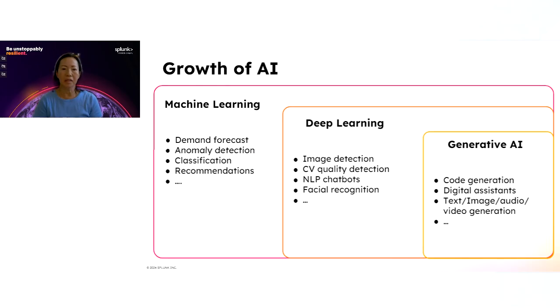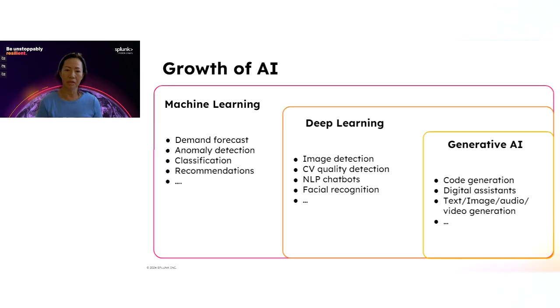If you think about AI, it's been around for a long time. And it was actually the result of big data, with the ability to process huge amounts of data, that really spurred the growth of machine learning and made it really pervasive. In machine learning, there are different types of AI, right?